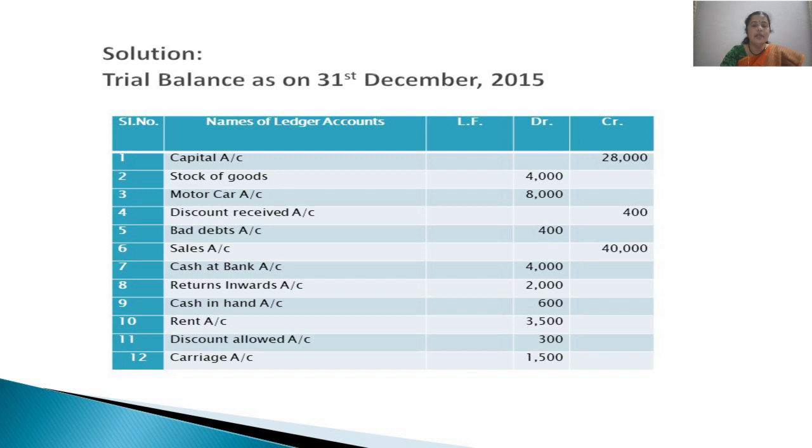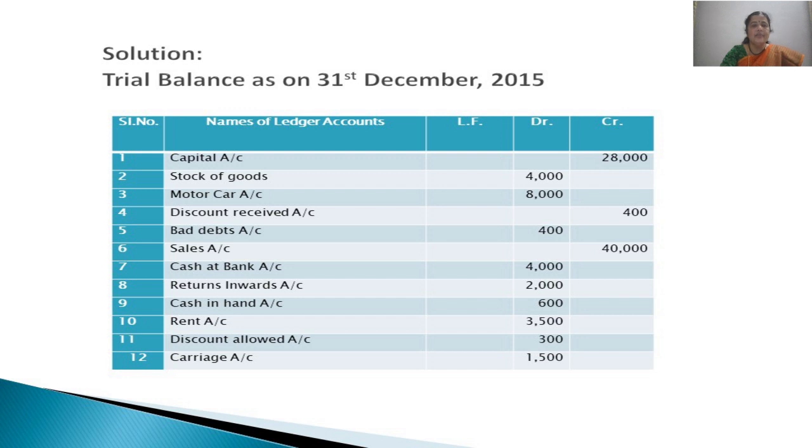And in the same way, sometimes commission will also be there. Commission paid and commission received, something like that, and you have to be a bit careful regarding such things. And sometimes they won't give the full name like discount received, discount allowed, commission paid, or commission received.